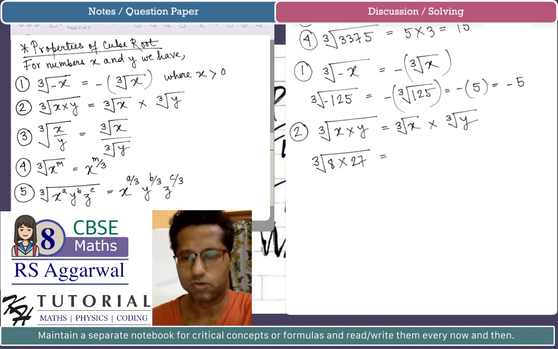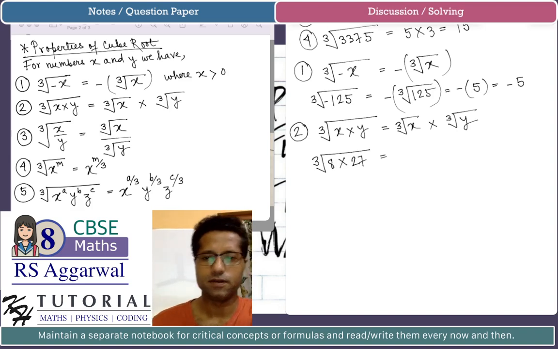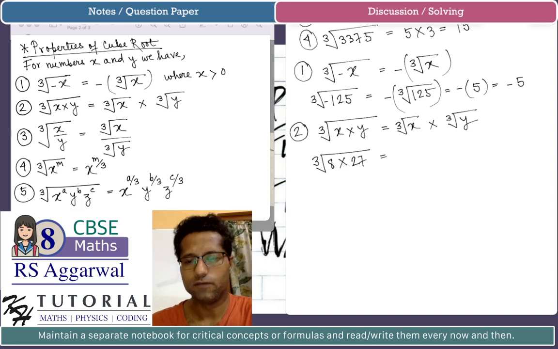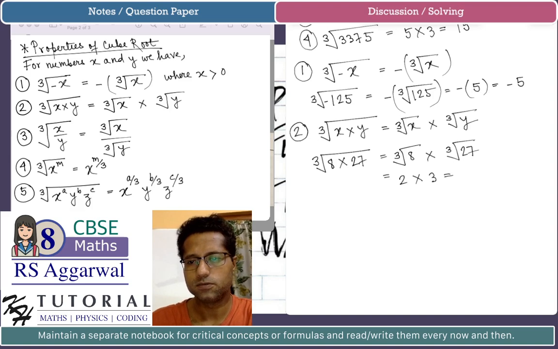Here 8 is a perfect cube and 27 is also a perfect cube, so I will express it as the cube root of 8 multiplied by the cube root of 27. This will be equal to 2 multiplied by 3, that is 6.